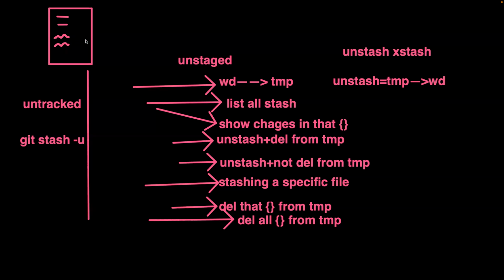So when you stash it, these two will be moved to the temporary shelf, the stash. Whenever you stash this, they are moved to temporary storage and a stash number is created.